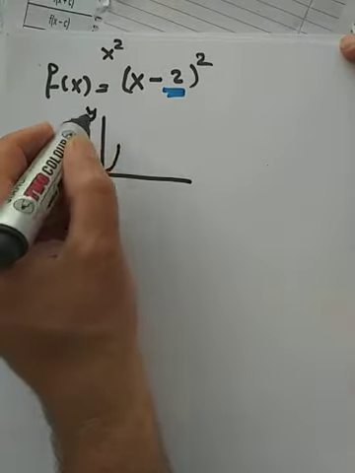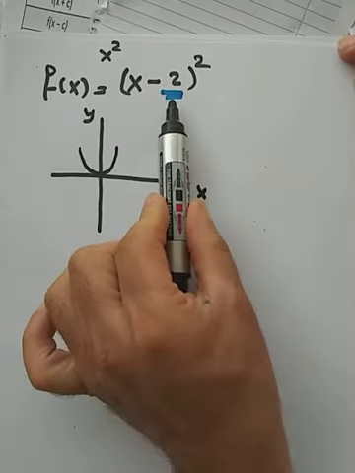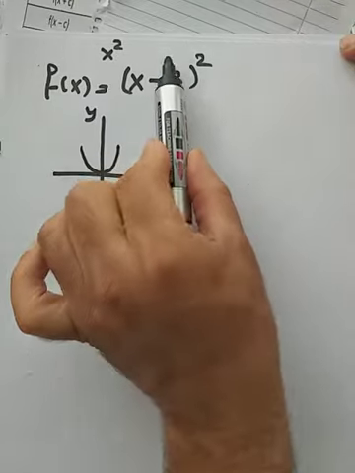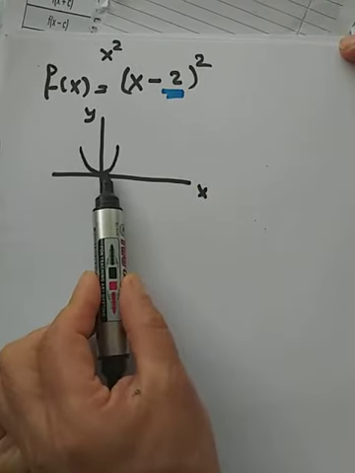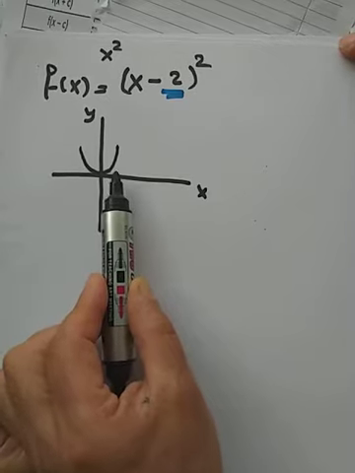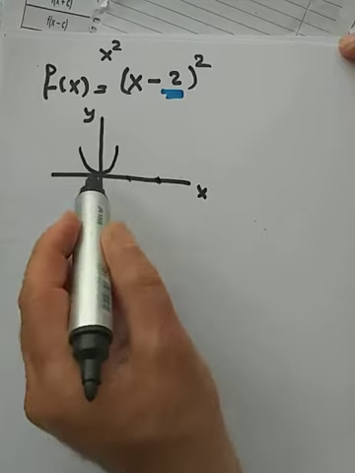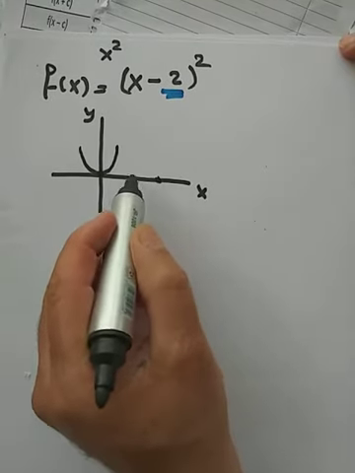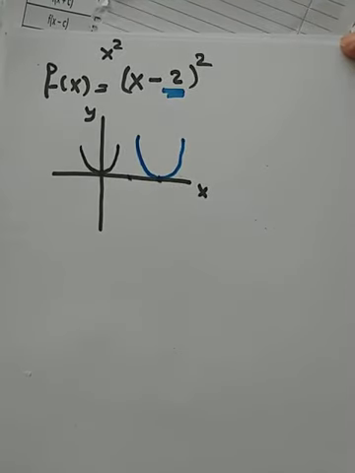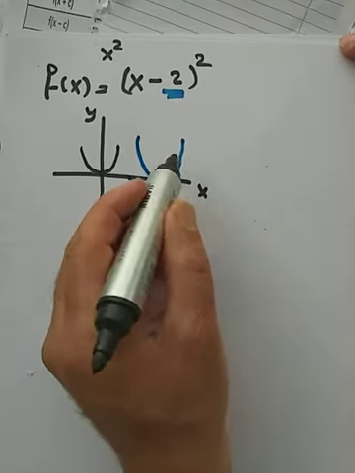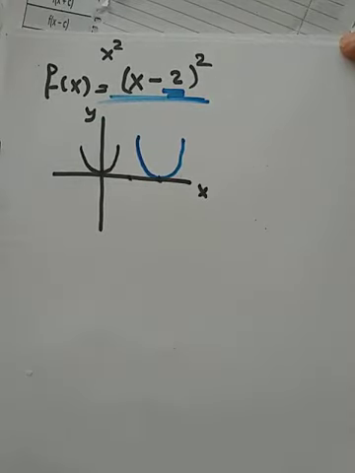This is the y-axis, this is the x-axis. Now we have minus 2 inside the bracket, so we move this graph to the right 2 units, 1, 2. We move this point 1, 2 to the right and graph. The blue one is the graph of x minus 2 all squared.